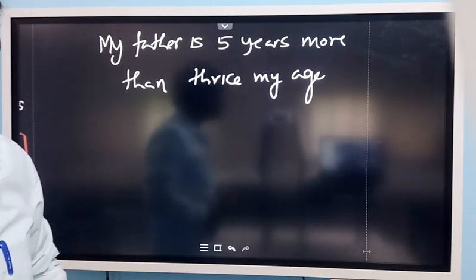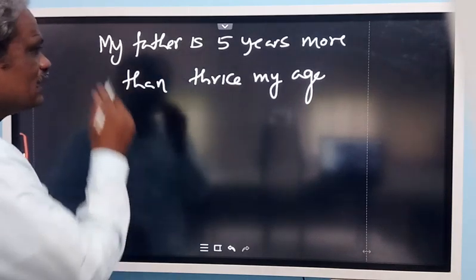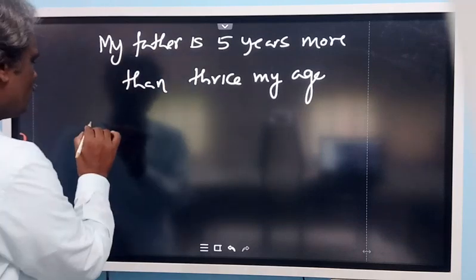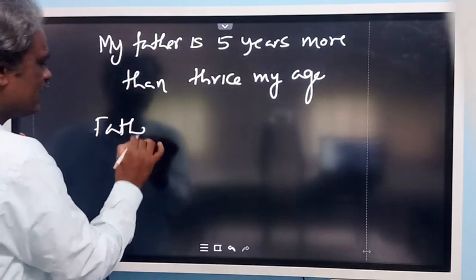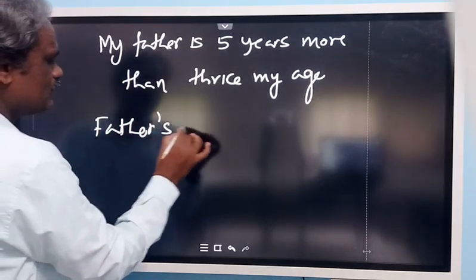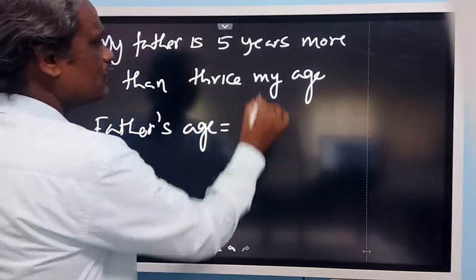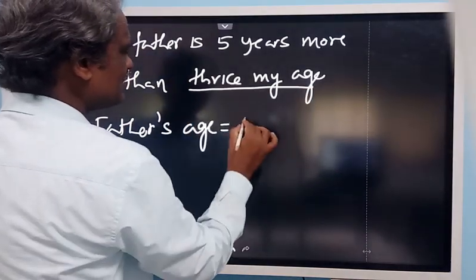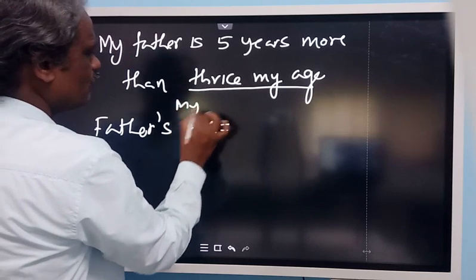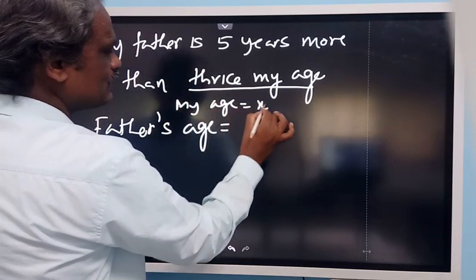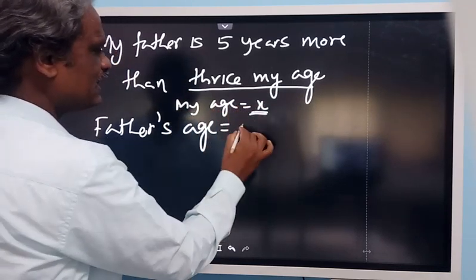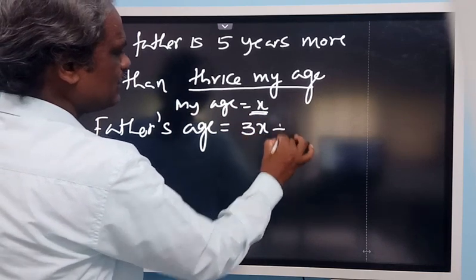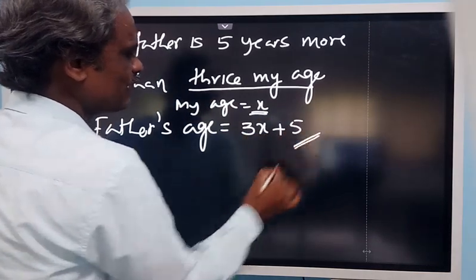So what will be my father's age? Let me take my age as x years. Then 3 times my age is 3x. Then 5 years more, this is 3x plus 5.